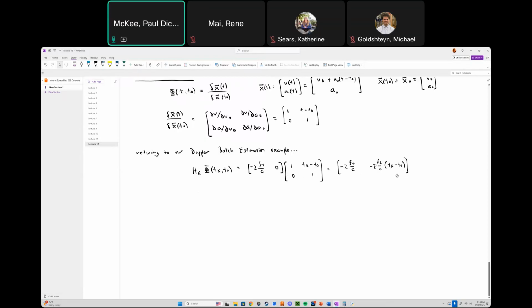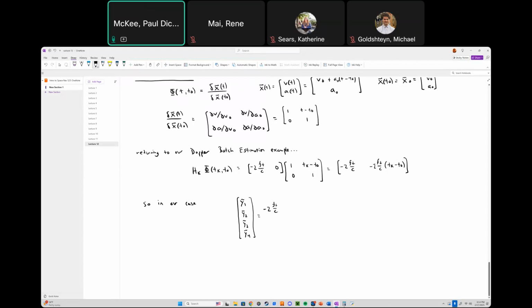All right. So in our case, t0 is 0. What this is going to look like is some noisy measurement y1, some noisy measurement y2, some noisy measurement y3, and some noisy measurement y4 is equal to -2 transmission frequency over the speed of light.